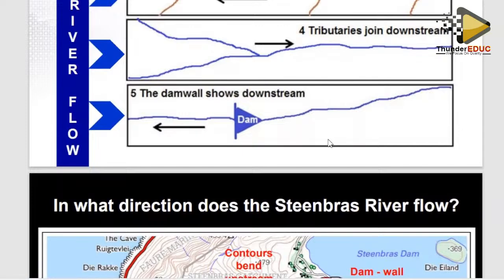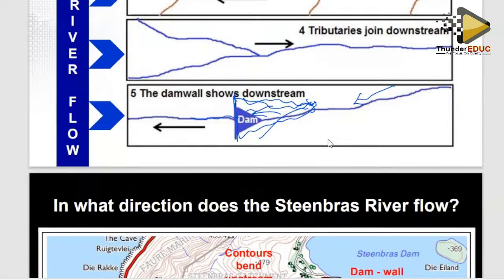Meaning to say, if there's a dam wall here and water is accumulating like this, automatically the river is coming from this direction, because the wall is blocking the water and the water is accumulating going up the stream because it has been blocked here, and the river or the stream continues after the wall.